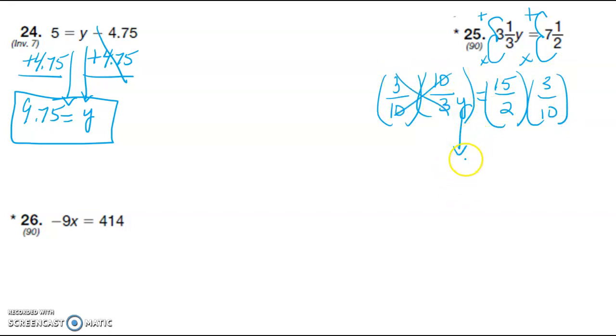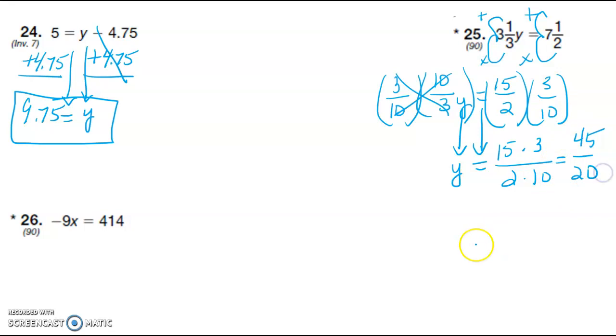Y comes down. Equals comes down. And I have 15 times 3 over 2 times 10, which is 45 over 20, which is 2 and 5/20ths, but then I have to reduce this. So I get 2 and 1/4.